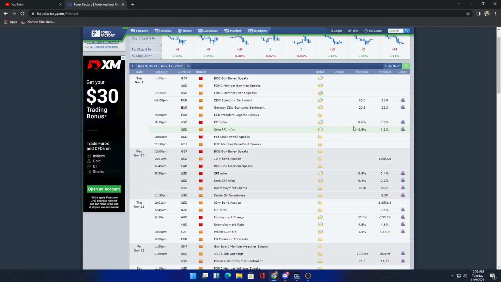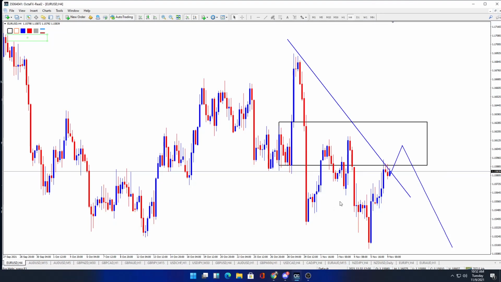So if this data follows the forecast, yes, USD will be strong for today. So that's why we are looking for bearish movement, that we can wait for a sell position in this box area.